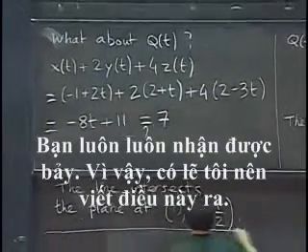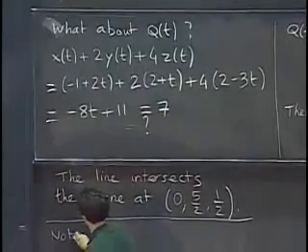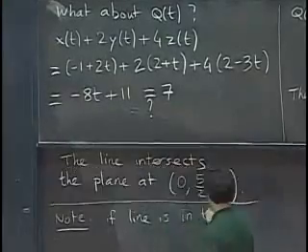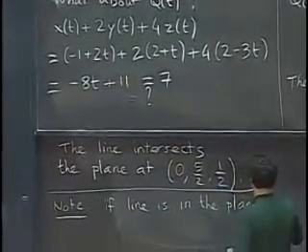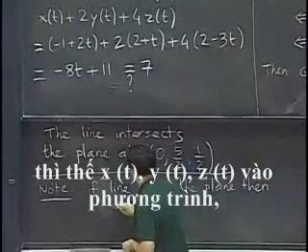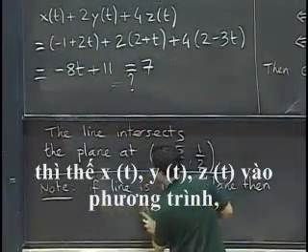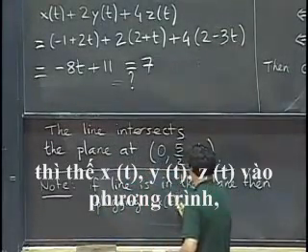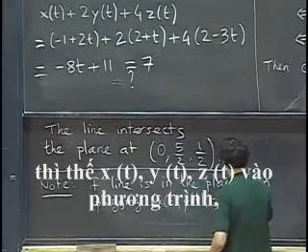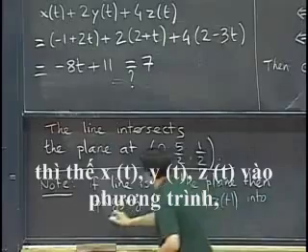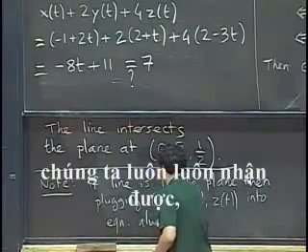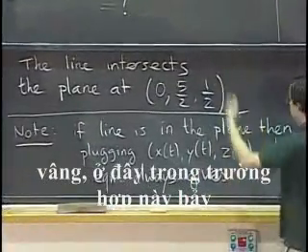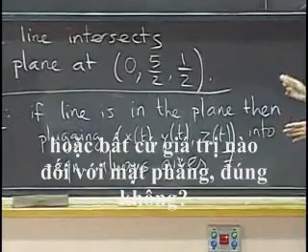So maybe I should write this down. So if a line is in the plane, then, when we plug x of t, y of t, z of t into the equation, we always get, well, here in this case, 7 or whatever the value should be for the plane.